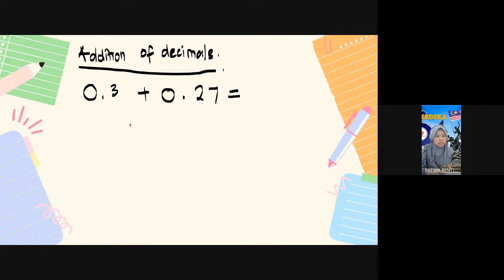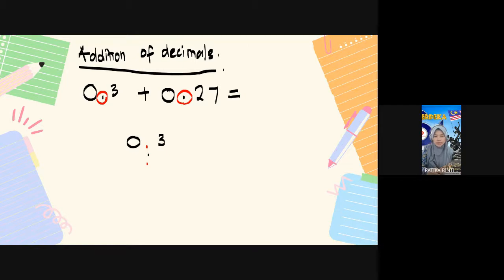The most important thing in addition and also subtraction of decimal is the decimal points. So, the decimal point, you need to line it up straight. Nya mesti lurus. Okay, so 0.3. Look, saya dah tambahkan.